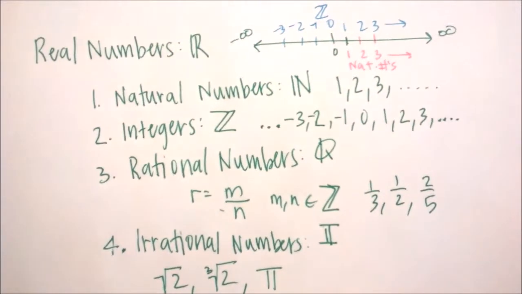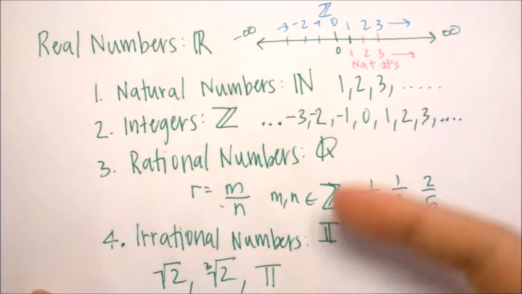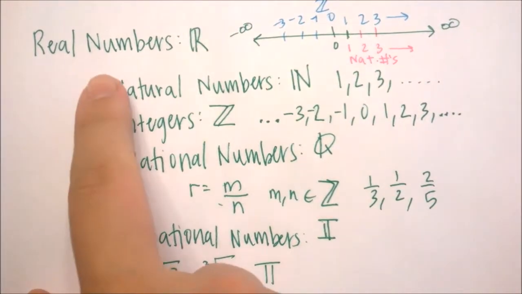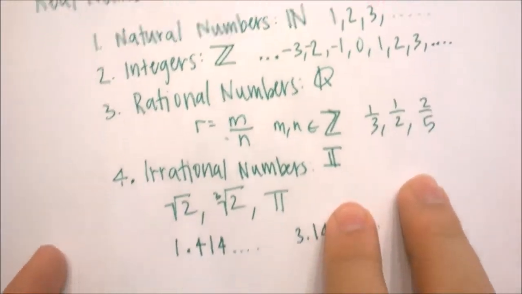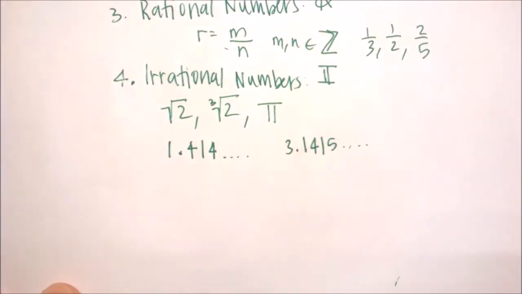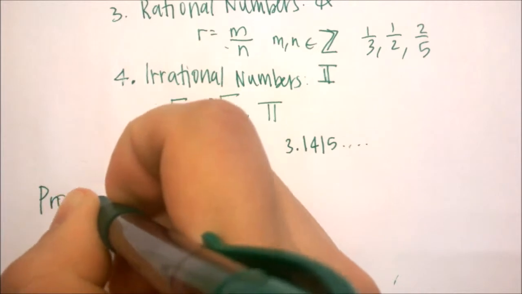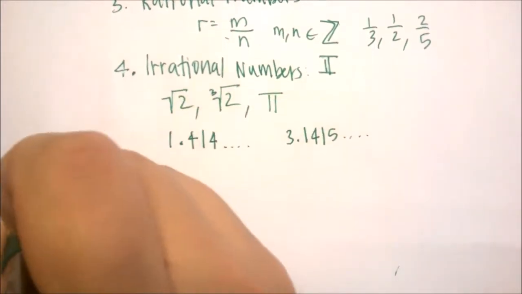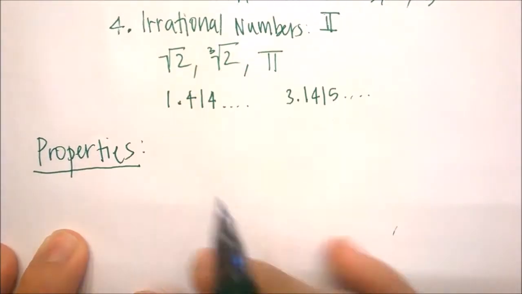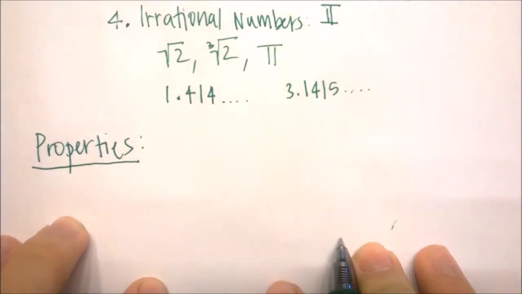Okay, so now that we have a feeling of what makes up the real numbers, we can go on and look at some properties of these real numbers. These properties are going to be really important if you go into group theory.